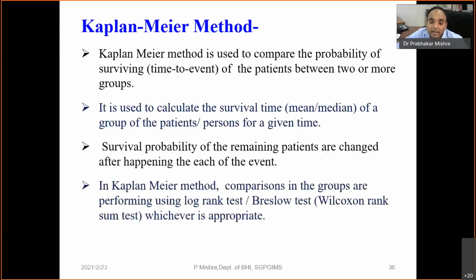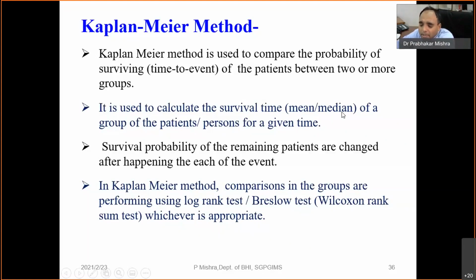The Kaplan-Meier method is used to compare the probability of survival, and survival analysis is also called time to event analysis, of patients between two or more groups. It is used to calculate the survival time, mean or median.